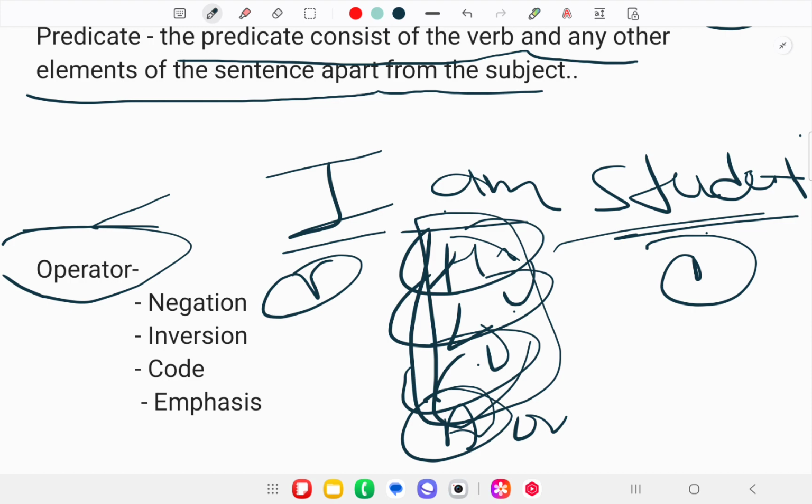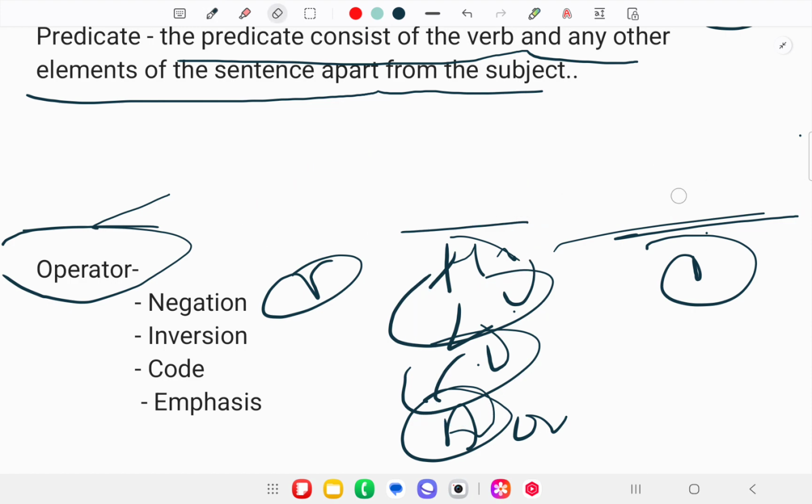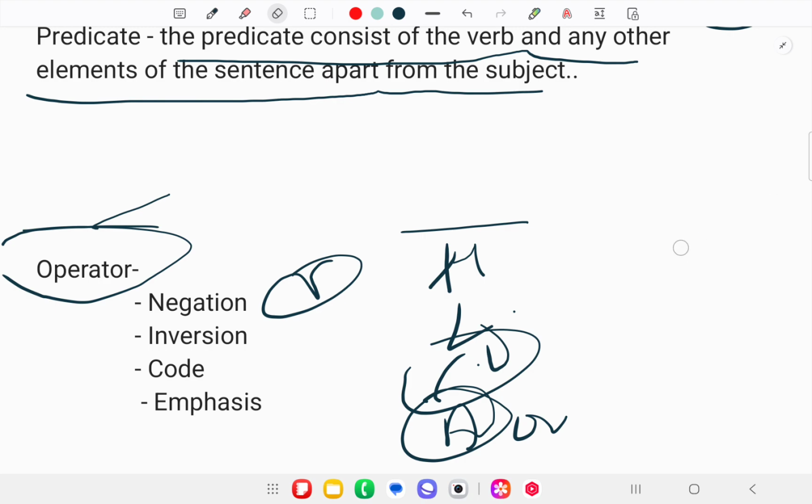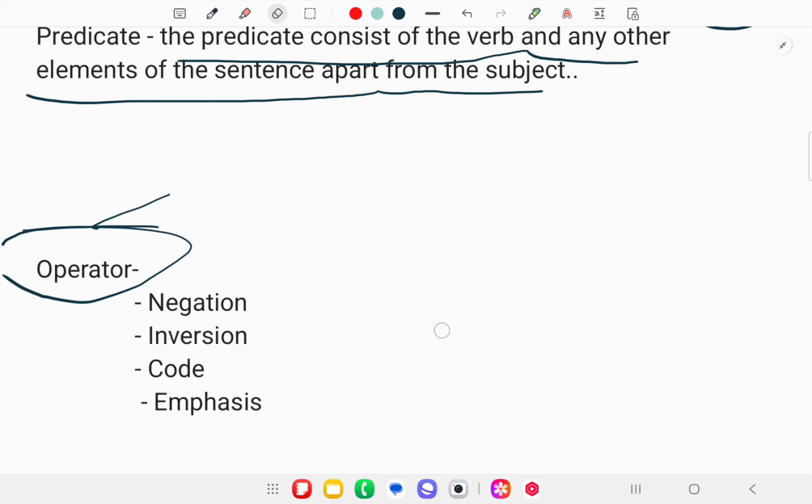Okay, so here we can also say that to find the operator we have four major portions that show the grammatical forms.